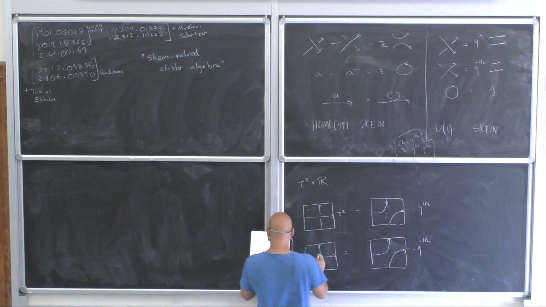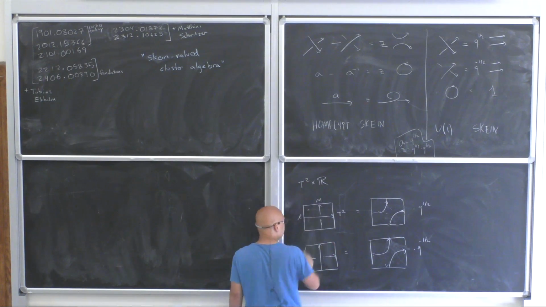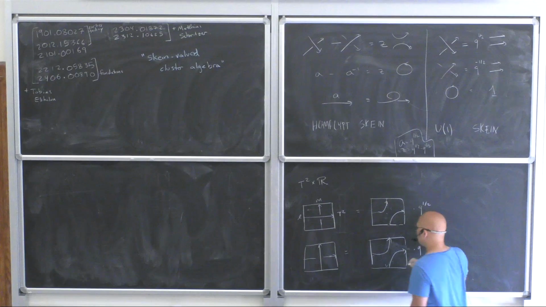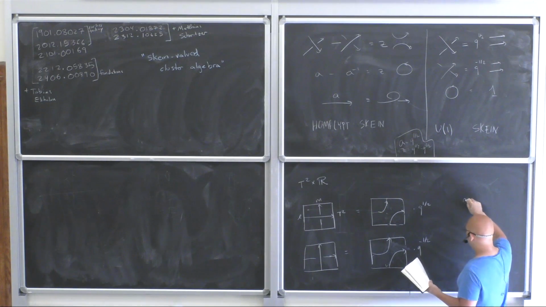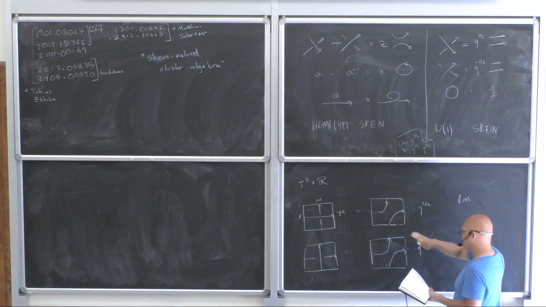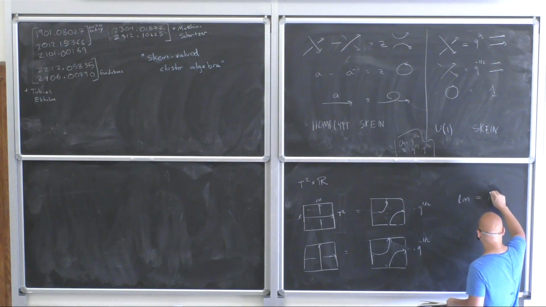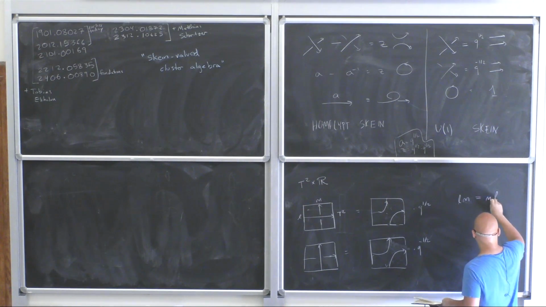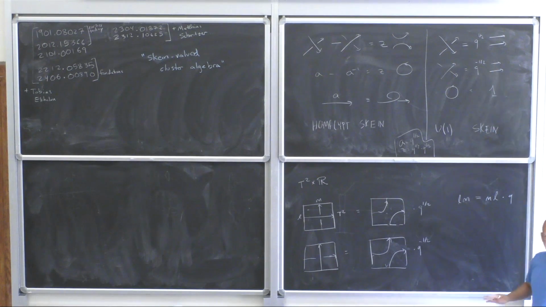So if I call this element L and this element M, then what is written here shows that first doing M and then L is the same as first doing L and then M, up to a factor of Q. That's why the U1 skein of the torus is the quantum torus.